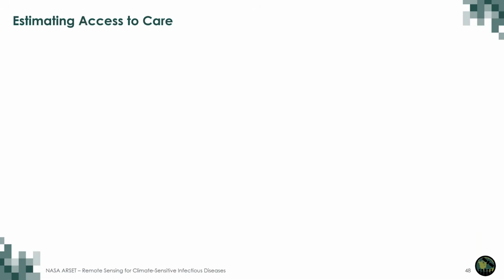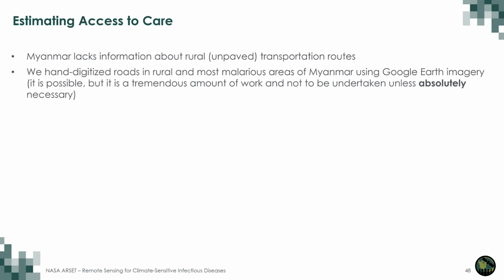Similarly, we used our base map and additional data to estimate access to care. Myanmar is a particularly challenging environment for us because it was almost completely lacking information about rural unpaved transportation routes. As you heard me say many times now, it is the rural disease. So those are much more important than lovely paved roads that everybody knows where they are.